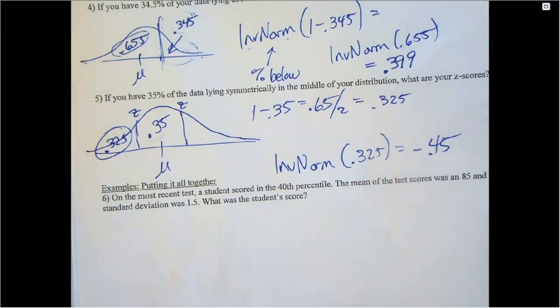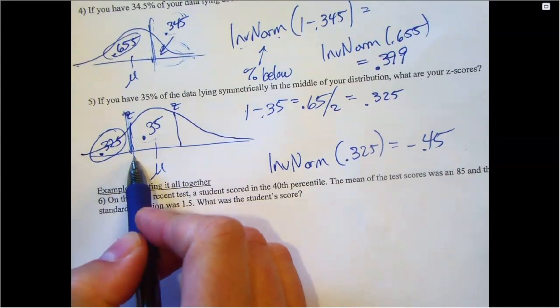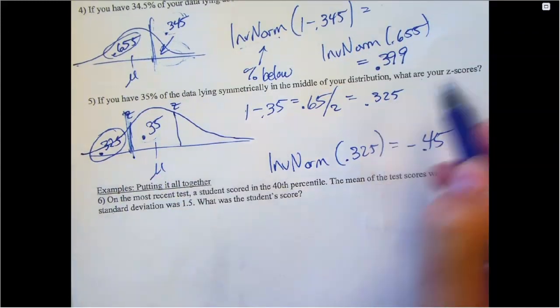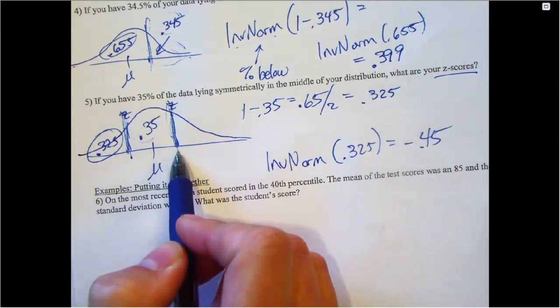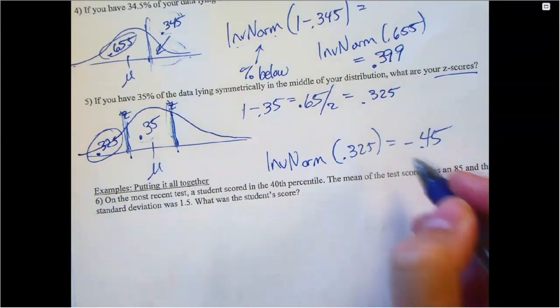Make sure you understand what that is. That is this z-score. It's negative, so it's to the left. But they're asking what are your z-scores? So what is this z-score? 0.45.